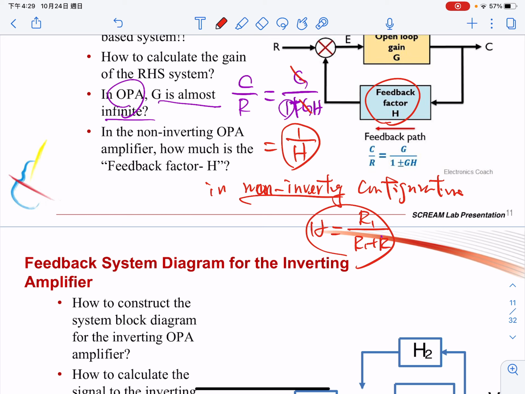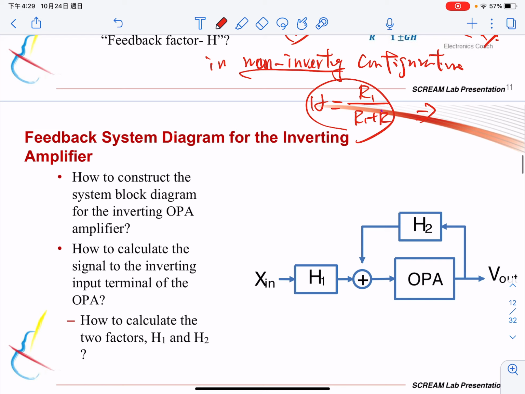So that's why, okay, when you take the reciprocal, you will have R1 plus R2 over R1. Okay, that is the amplification factor. So it's very easy to use.